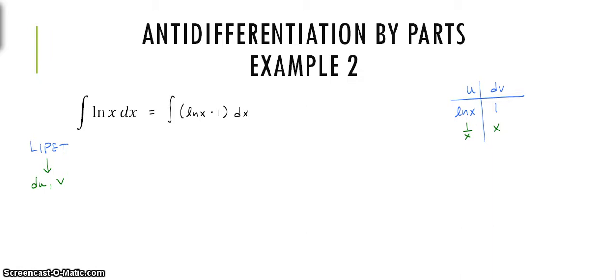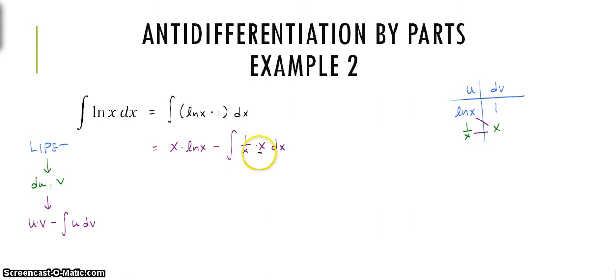Okay, and the next thing we do from there is we're going to use that formula. The formula is u times v minus the integral of v du. And so we'll do that. So u times v would be x times natural log of x, minus the integral of v du, so x times 1 over x dx.